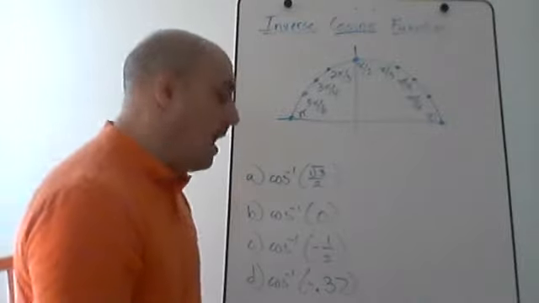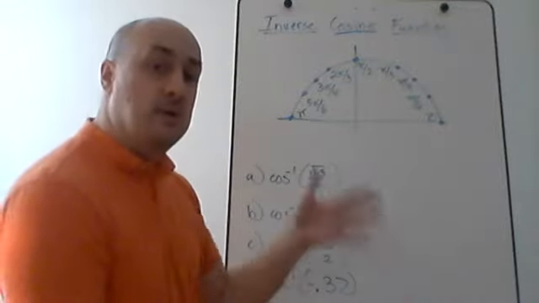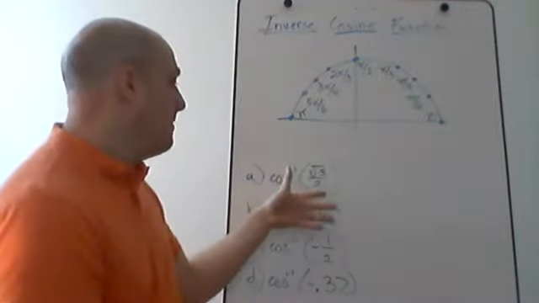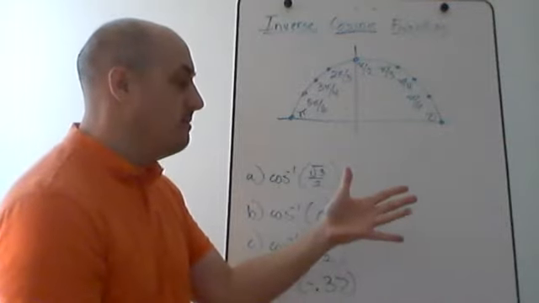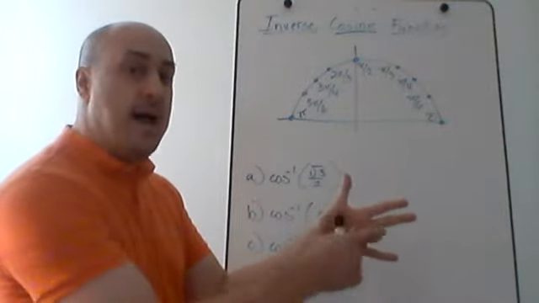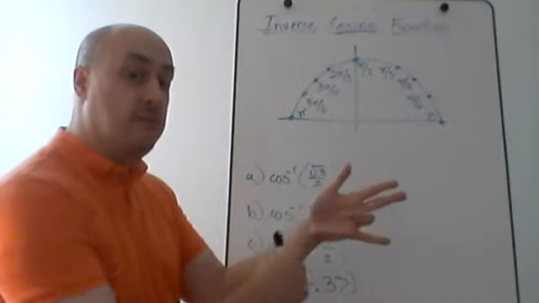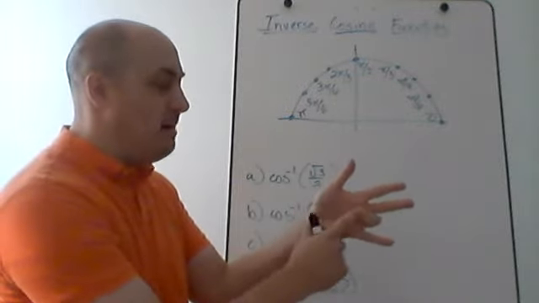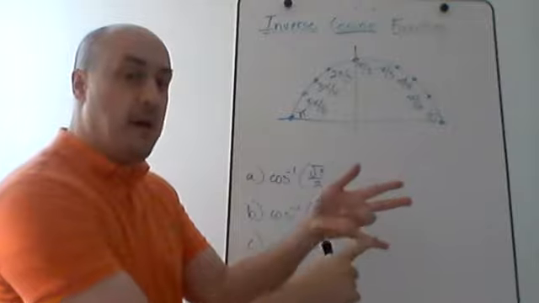All right, so I'm looking for cosine inverse of root 3 over 2, so I'm going to go to my trig hand. Cosine inverse, I'm looking for an x of root 3 over 2. Remember, when you use the trig hand, the x-coordinate comes from the number of fingers above the one that you put down. So if I put down my ring finger, I have 3 above and 1 below.